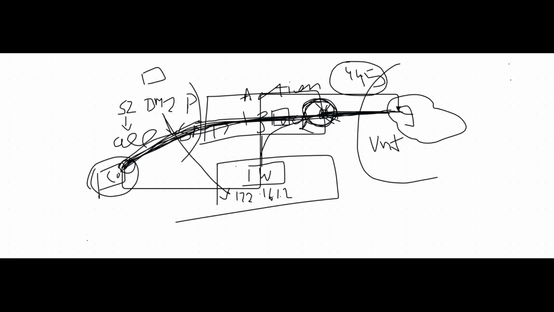When the traffic comes back, since we are working on stateful inspection firewalls, return traffic is allowed, but again it decrypts the packet, checks the response, re-encrypts it and sends it back to the client. So this is how a decryption policy works, right?